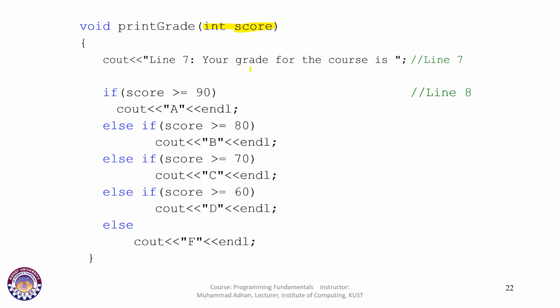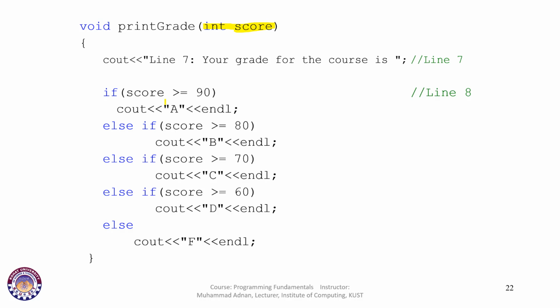Line number 7, your grade for the course is. So what is the grade? We perform some calculation using the if else statement. We have already talked about this statement.